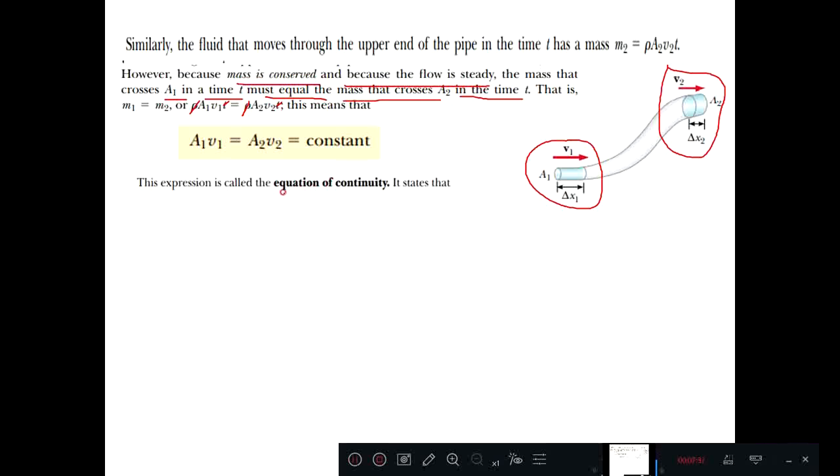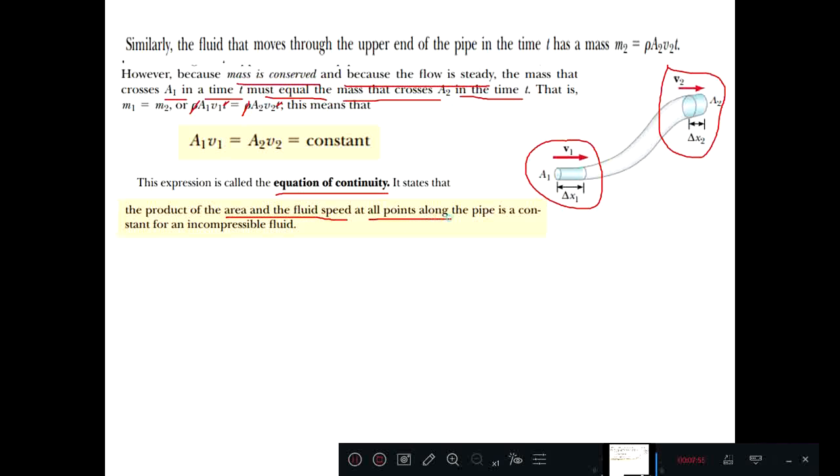This expression is called the equation of continuity, and it states that the product of the area and the fluid speed at all points along the pipe is a constant for an incompressible fluid. I'll repeat.